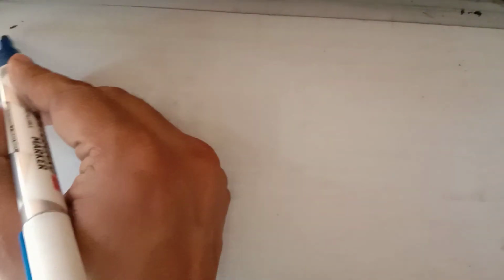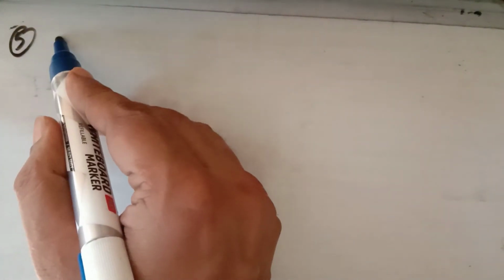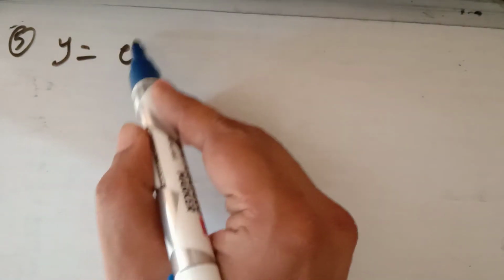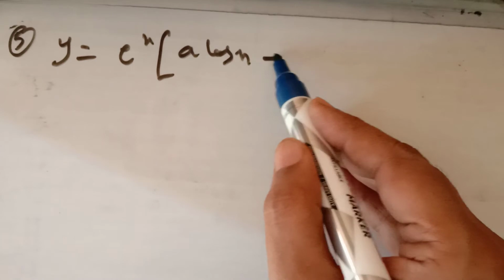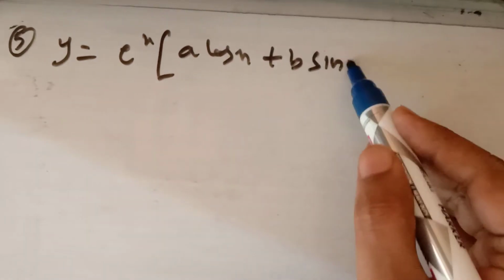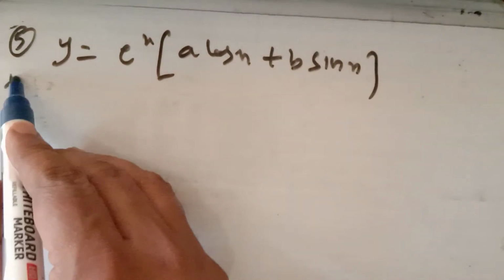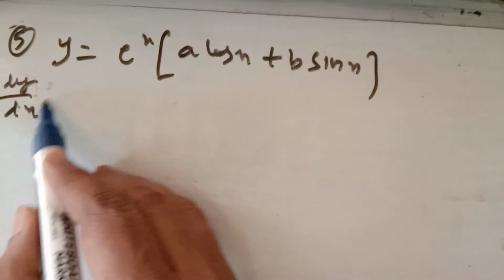Now question number 5 is just the same as question number 4, y is equal to e^x(a cos x plus b sin x). Again you have to use the product rule when you differentiate both sides.